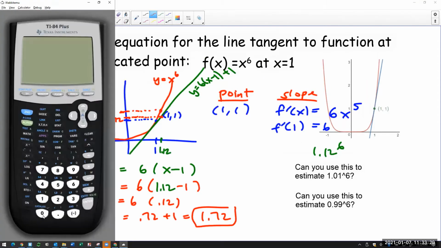Okay, put in 1.12 raised to the 6. Not great, but not too bad, right? So the real value for 1.12 raised to the 6 is equal to 1.973822. Okay, not a great approximation, but not bad.